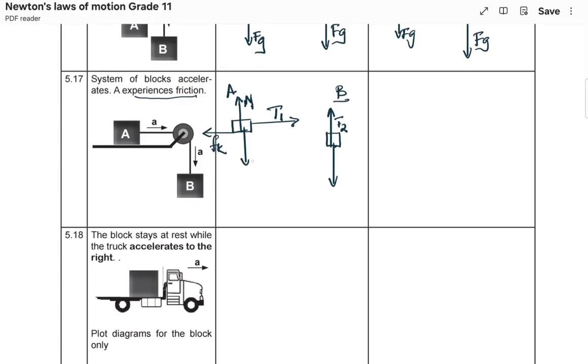Remember, we said we're going to change our language. It's Fg, gravitational force.